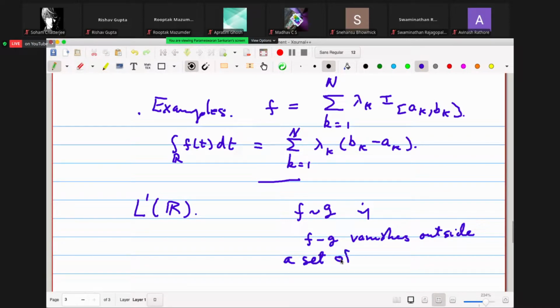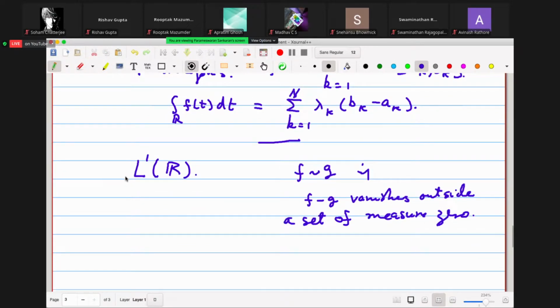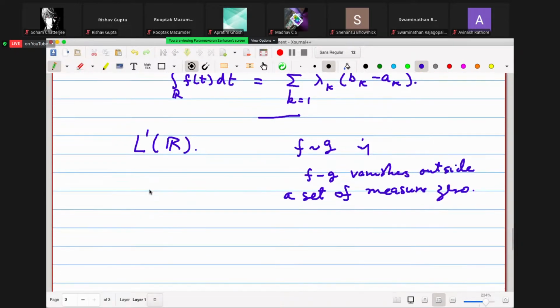So elements of L1 are not actual functions, they are equivalence classes of functions. But when we do a specific integration, of course, we will work with specific functions. I have said enough about these things.